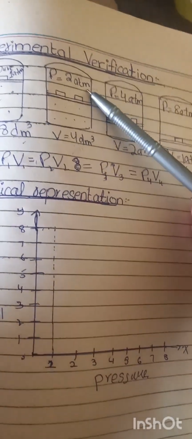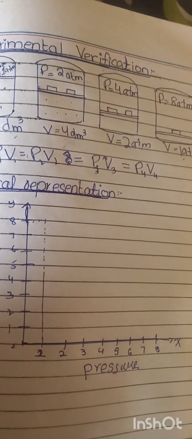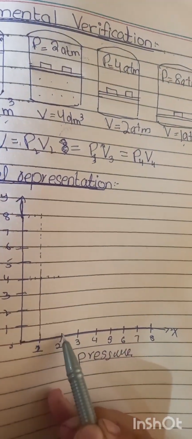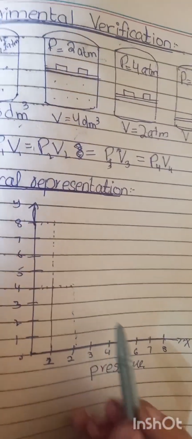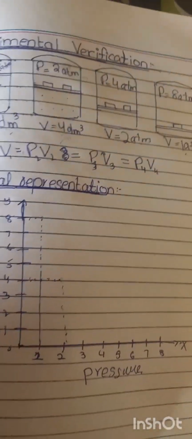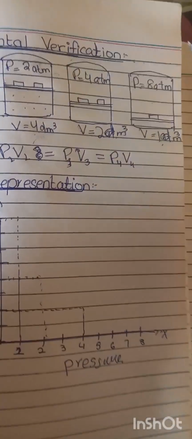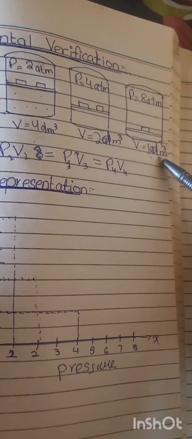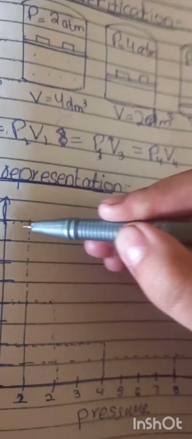Now when the pressure was 2 atm, the volume was 4 decimeter cube. When the pressure was 4 atm, the volume was 2 decimeter cube. And when the pressure was 8 atm, the volume was 1 decimeter cube. So now we will join all these dots.